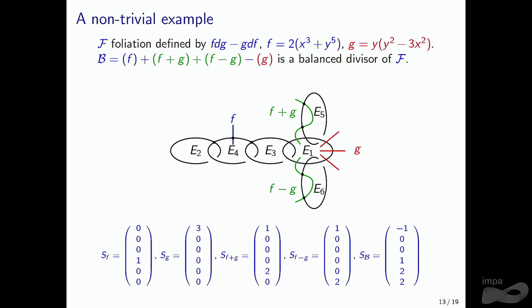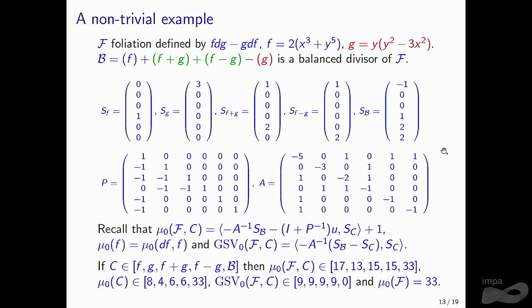And the vectors associated to the separatrices F plus G, F minus G, and the balance divisor. And with all these ingredients, we apply the formulas, and we obtain all the invariants that we want.